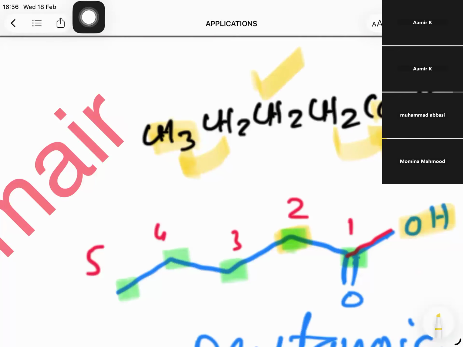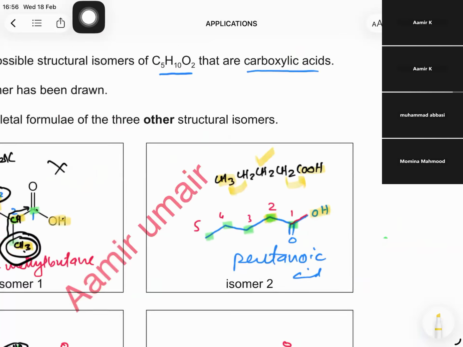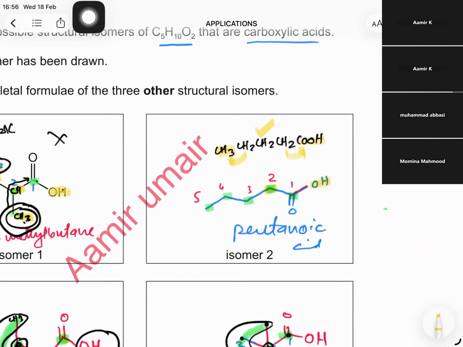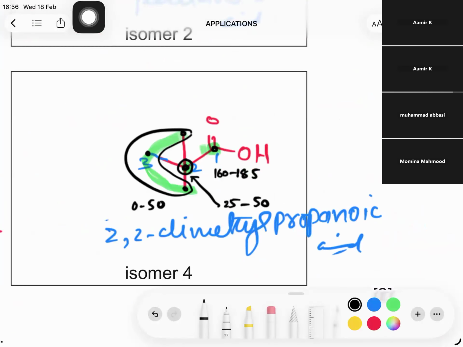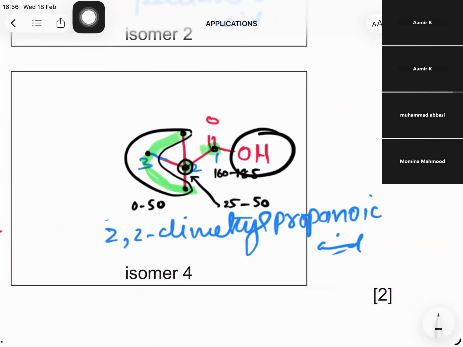This CH2 is unique from all other 3 because this CH2's neighbor is CH2 on both sides. So they all are different. Okay? Don't look just at the CH2s. Just look at their neighbors as well. Okay, now this will have 4 peaks. By the way, how many will this have? 1. And here there is no hydrogen on this carbon. So these 3 give 1 or 2 peaks.